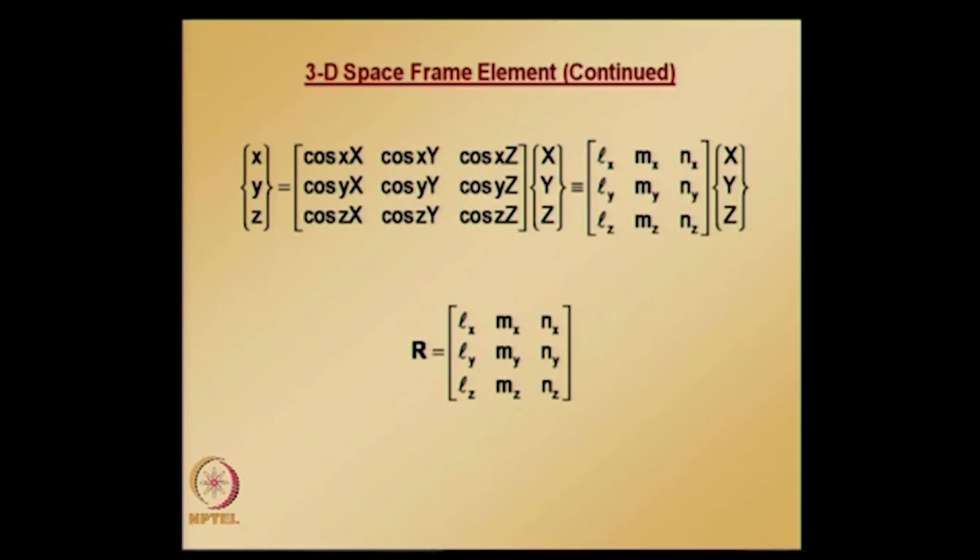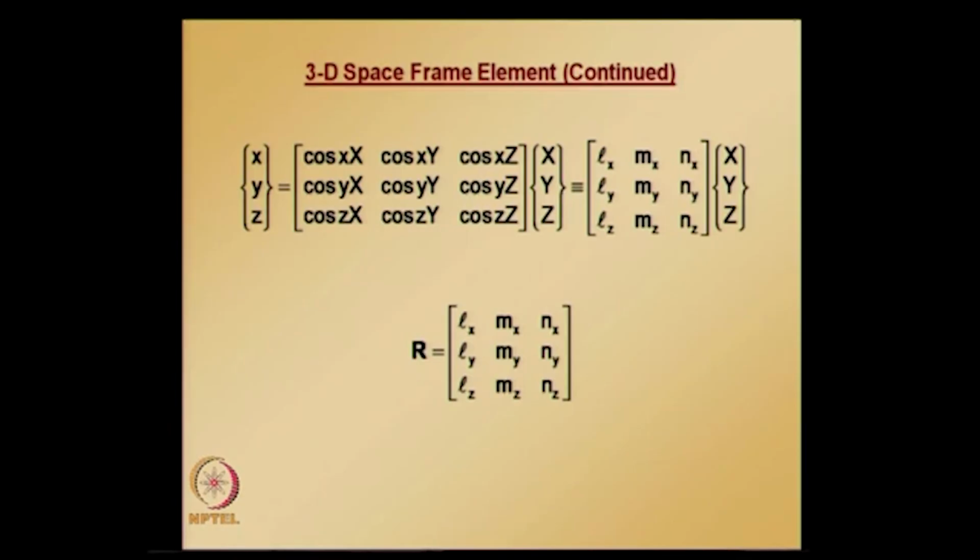Similar meaning is applicable for all other components: mx, nx, ly, my, ny, lz, mz, nz. So 9 direction cosines are needed to establish this rotation matrix R for each element in a space frame. Just knowing the element end coordinates is not enough to establish all the 9 direction cosines.